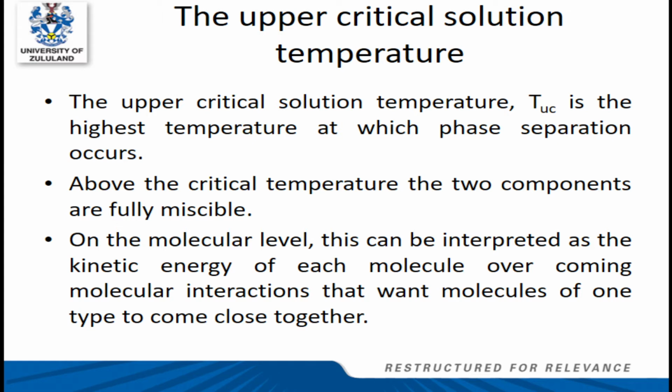But below the critical temperature, the components are partially miscible in one another, and we have two phases. Above the critical temperature, we are just going to have one phase.